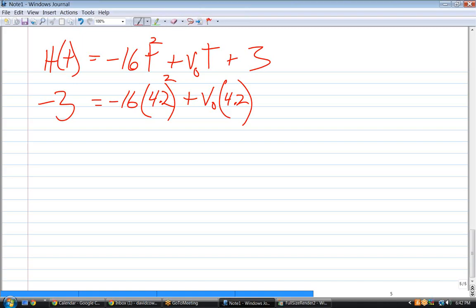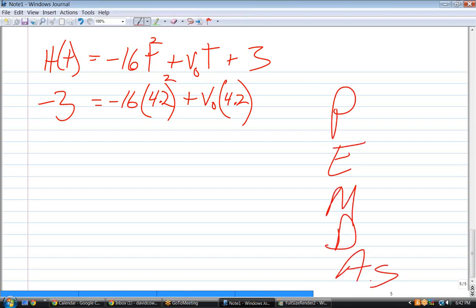So then you multiply negative 16 times 4.2 squared. PEMDAS. What do we do first? Square it or multiply it? Notice the square, the 2, does not apply to the 16. It only applies to the 4.2.